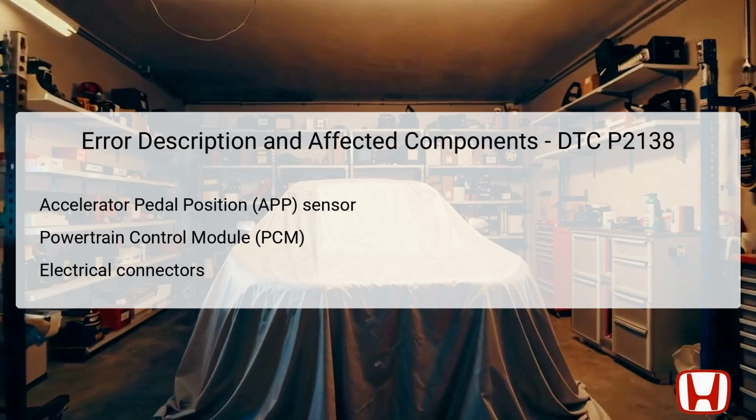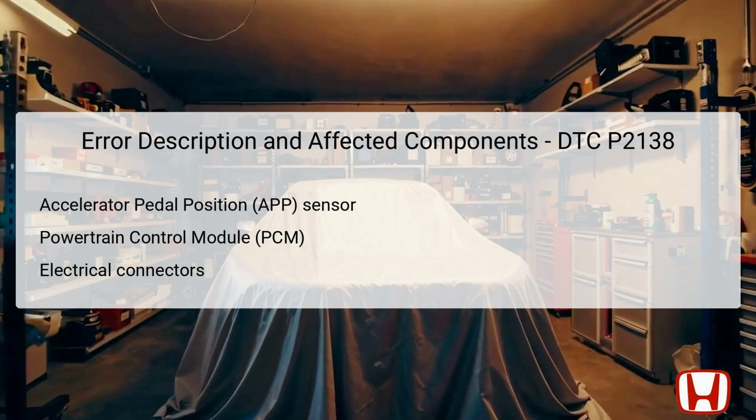The PCM utilizes this information to manage various aspects of engine operation, including throttle control and fuel delivery. The APP sensors are typically located near the accelerator pedal assembly within the vehicle. They consist of potentiometers that produce varying voltage depending on the pedal's position.